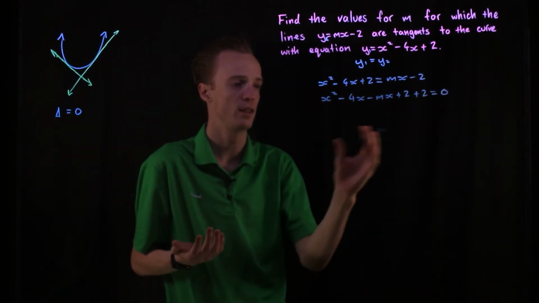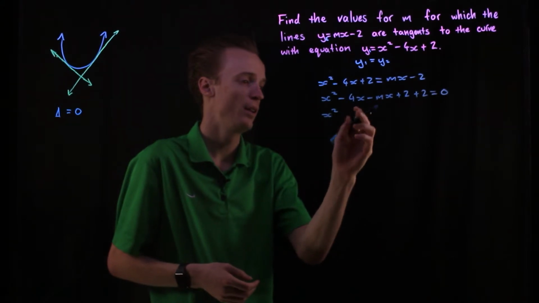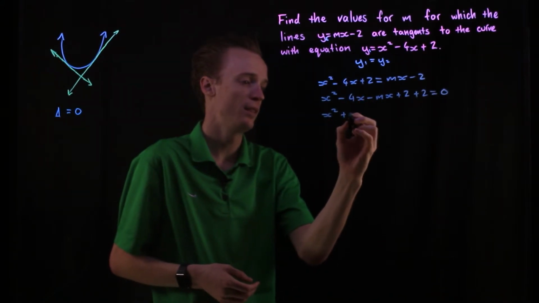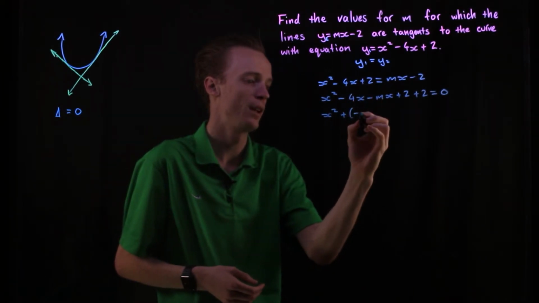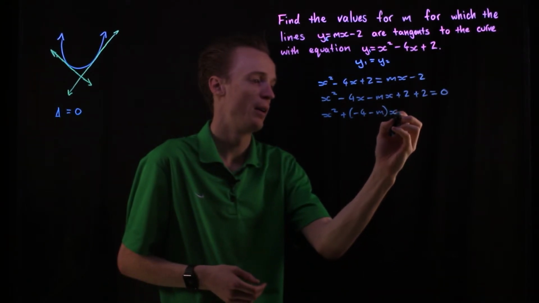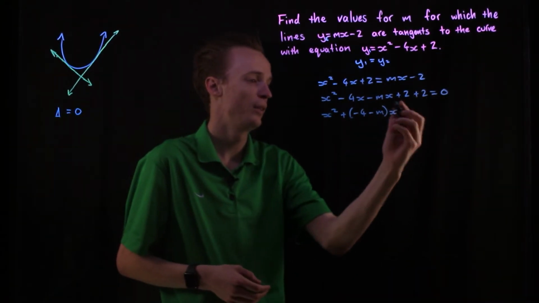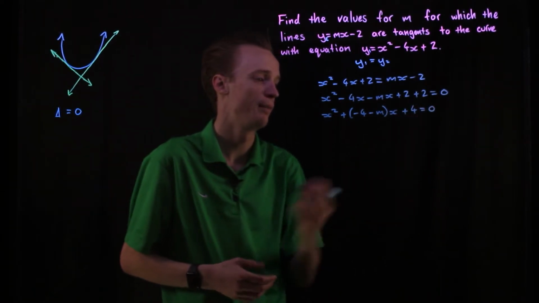So here, let's just clean this up by collecting like terms. So I've got x squared, I'm going to add this, but I've got negative 4 take m, so negative 4 take m multiplied by my x, and then 2 plus 2 will be 4, and that'll be equal to 0.